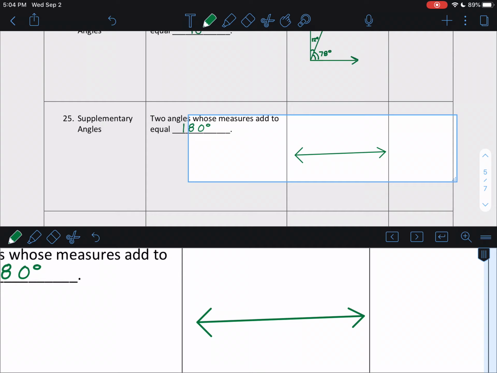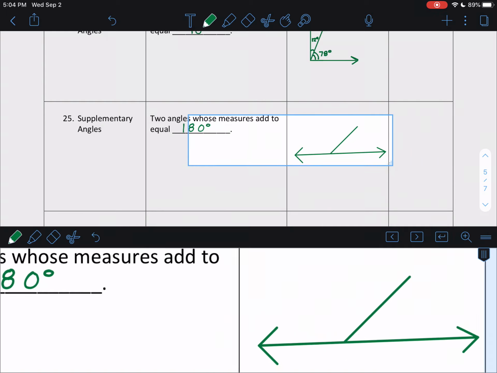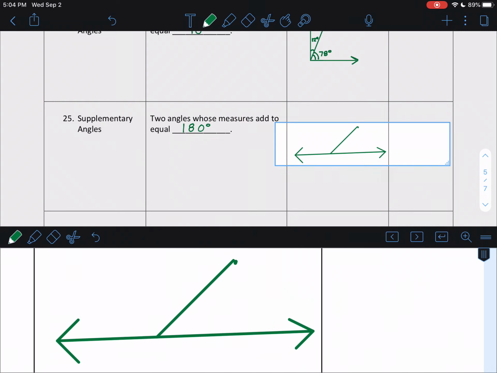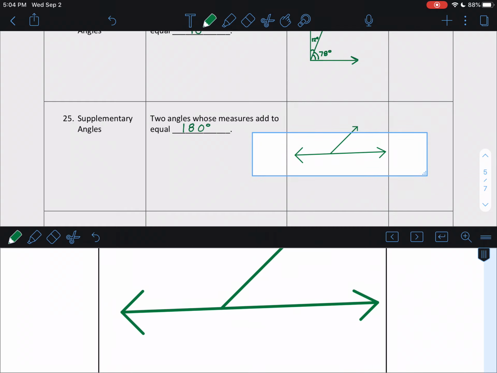And then, let's say I do that. So, I guess I should put the arrows there too. I will have the first one, let's say this measures 53 degrees.